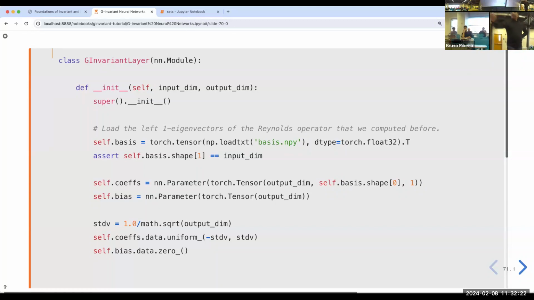This is quite simple. With this basis, for the coefficients, I have this parameter. The parameters have the same size, the same number of parameters as the basis. And here I'm just initializing these coefficients, the alphas.